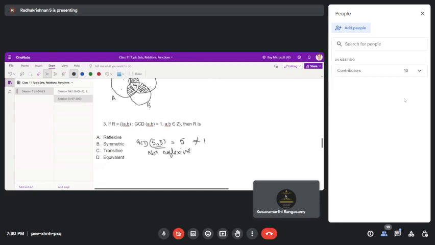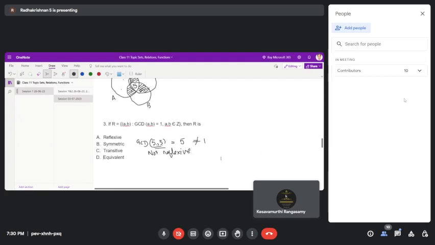Okay. Is it symmetric? What is the definition of symmetric? A related to B and B related to A. If A is related to B, then B should also be related to A. So check it out. Take two numbers for which GCD is 1.